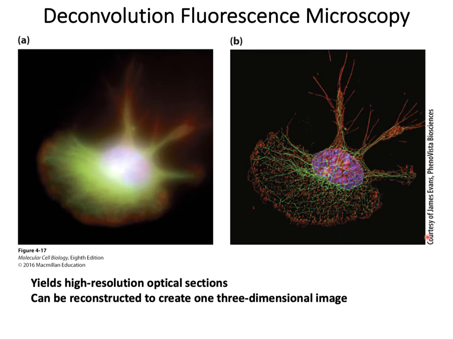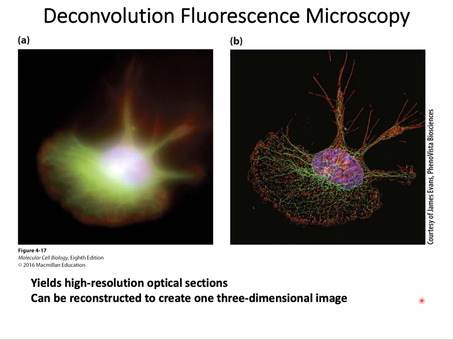Say first it focuses at the 1 micron level of the 5 micron slice of the sample that we were talking about and collects fluorescence data or optical information only from that plane, canceling data from the 2, 3, 4, and 5 micron planes. Then the microscope focuses and collects data from the 2 micron plane, then the 3 micron plane, and so on.